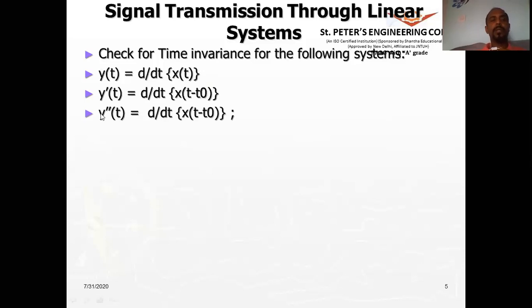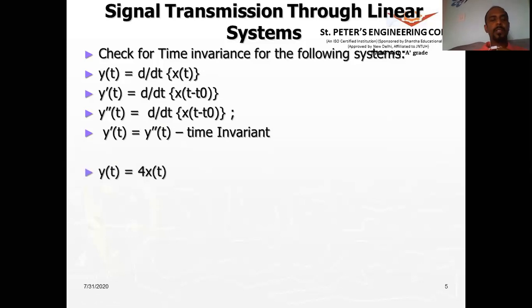So y double dash of t is equal to d by dt of x of t minus t naught. So there is no difference between y dash of t and y double dash of t. Therefore the system is time invariant. It does not vary with time.